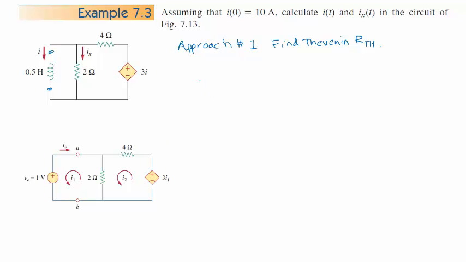So I'm just going to write loop equations. On the left side, I have 2I1 minus I2. That's right here in this terminal. So I1 minus I2 plus 1 equals 0, because it's 1 volt there.